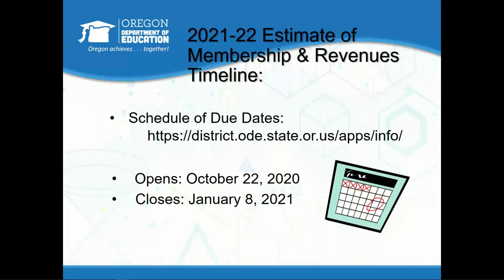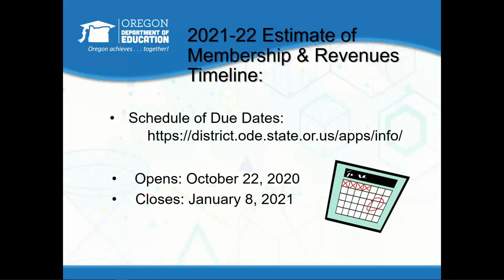It usually closes the end of December, but I figured with everything going on right now, having some grace and leniency, some extra time for you guys to get that data to us is important. This is probably the most important data collection you will submit for your funding at your school. So we want to make sure that you have time to do that and that it's accurate data that you're submitting.